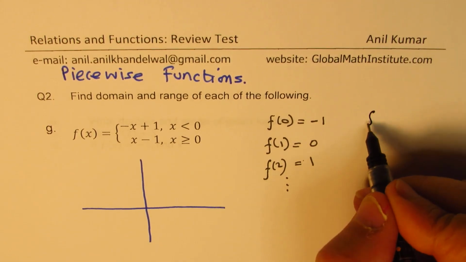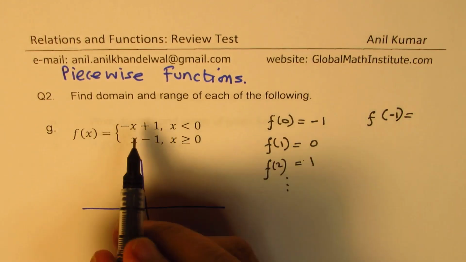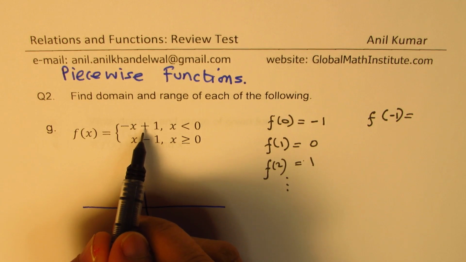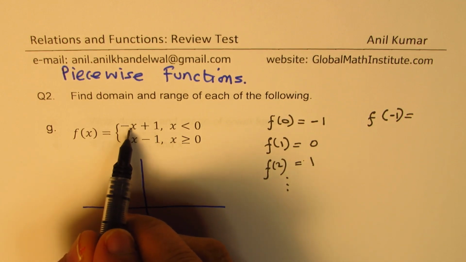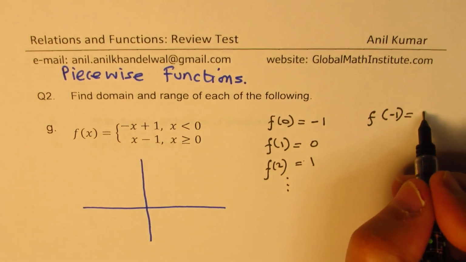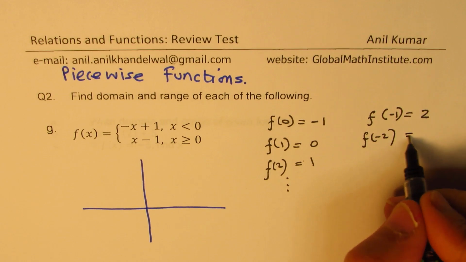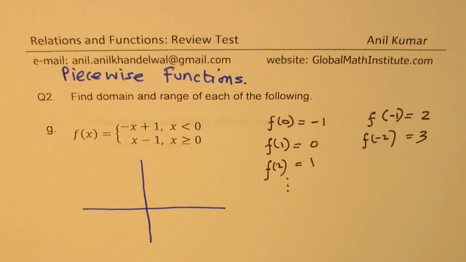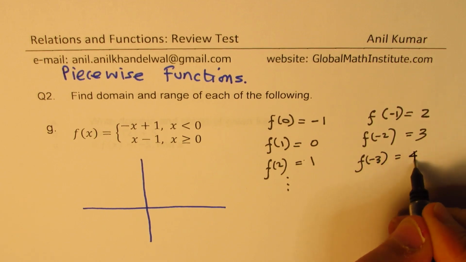However, if I have a value which is less than 0, let's say minus 1, then we have to substitute minus 1 in the first leg. And here, minus 1 will make it positive 1. 1 plus 1 is 2. And f of minus 2 will be 3 for us. Do you see that part? Similarly, f of minus 3 will be 4.